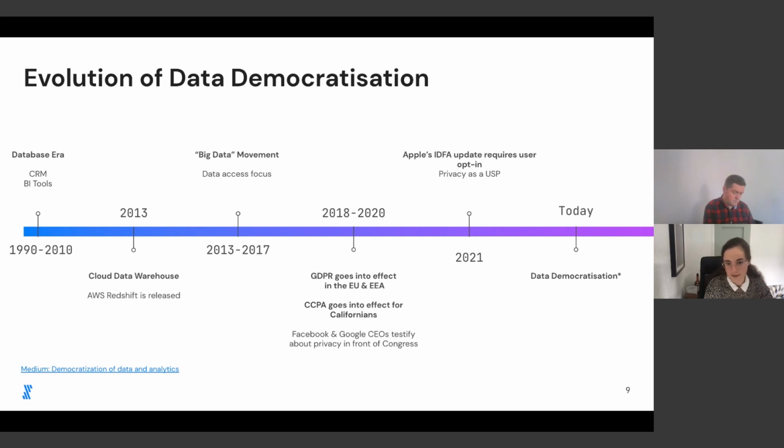You might look at that and say, if you look at the revenue distribution of Apple, you'll actually see that most of their revenue comes from their devices. Whereas if you look at the revenue of your Google or your Facebook, the vast majority of their revenue comes from marketing.